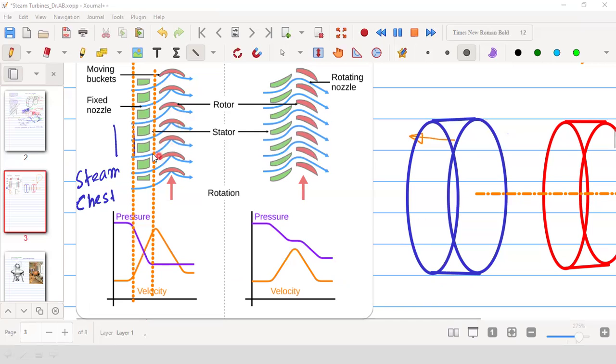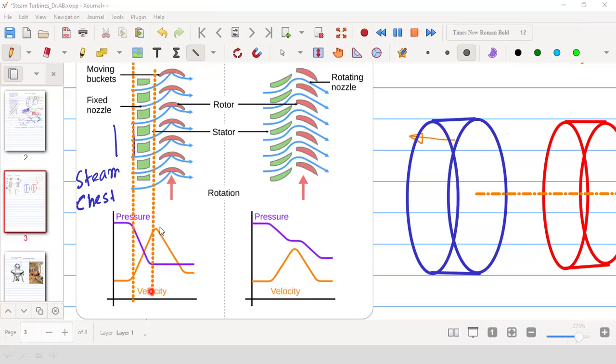So part of the kinetic energy, part of the momentum of the fluid, will be transferred to the blade, and therefore the blade will rotate, and therefore the velocity of the steam will drop. Now remember that the diagram here that we are showing is the velocity and pressure of the steam only.